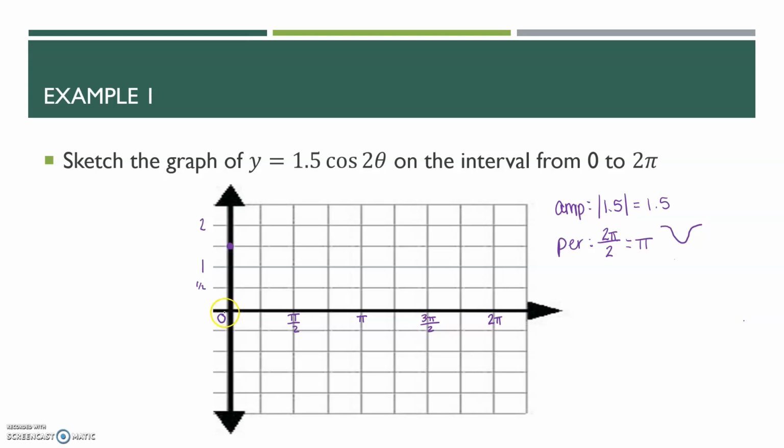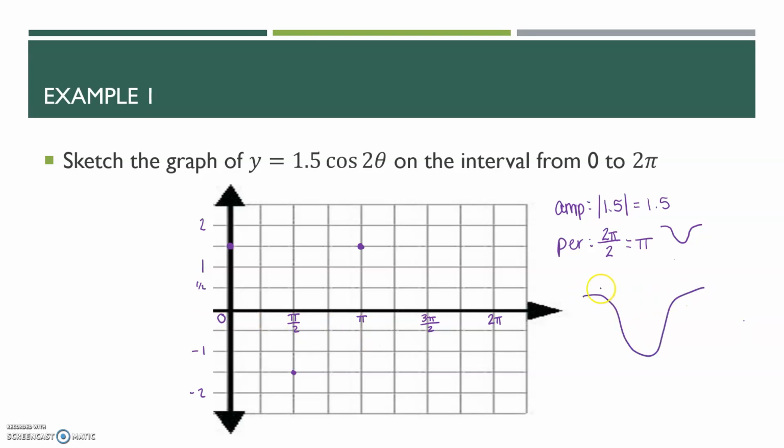And then I'm going to find, where does my cycle end? Well, my period is pi, so that means between 0 and pi, there's one full cycle. So I'm going to put my ending point here. I've got -1, -2, and so my minimum is now going to go halfway between those. So yesterday, it was that halfway between those, it crossed the x-axis at that point.